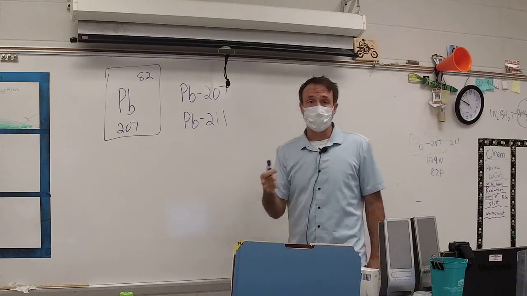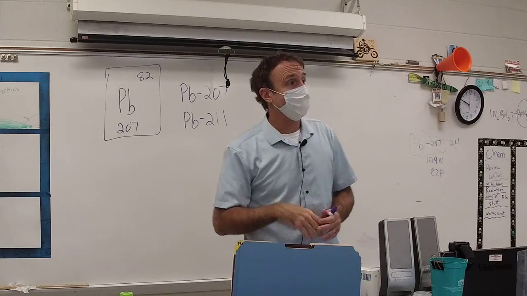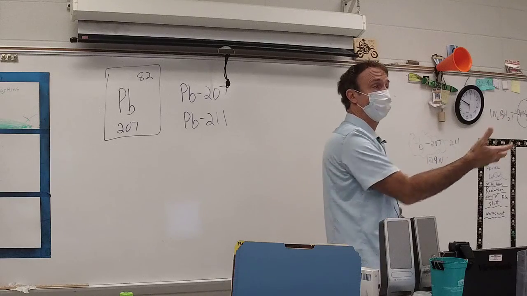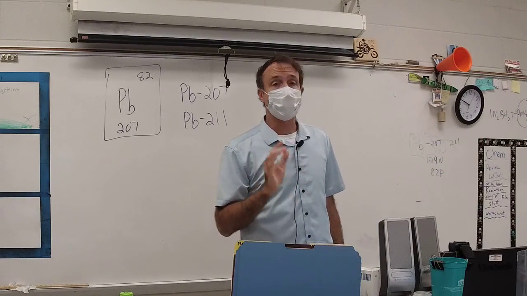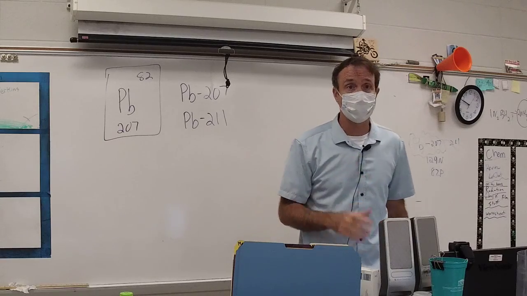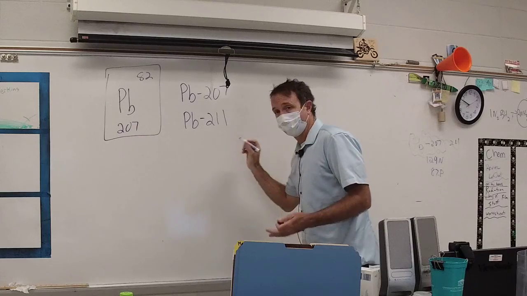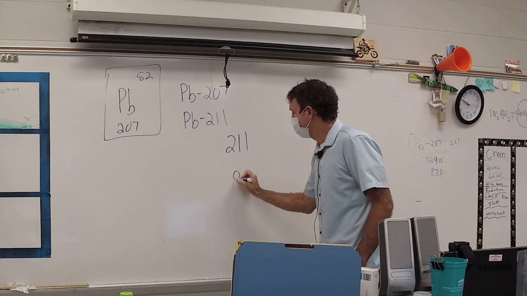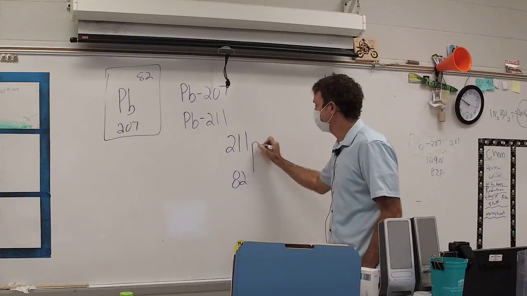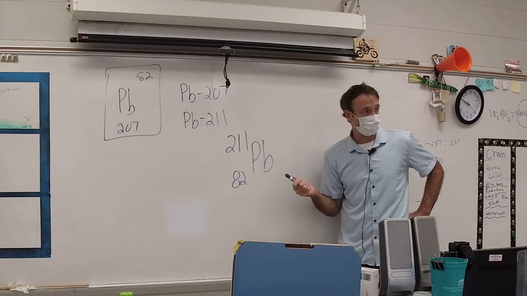So I'm going to write with you, people at home and people here for the first time ever, a mathematical equation showing the alpha decay of lead 211. Ready? If you're at home, I suggest you write this down. For lead, we would write 211 over 82 Pb, right? And we've done this in the past.